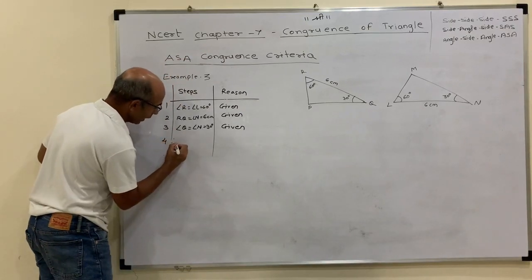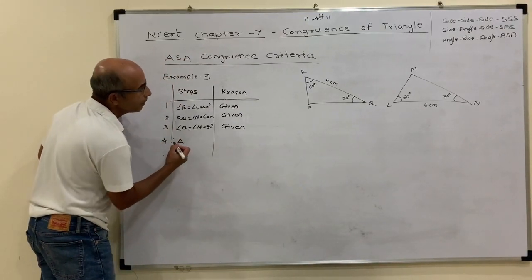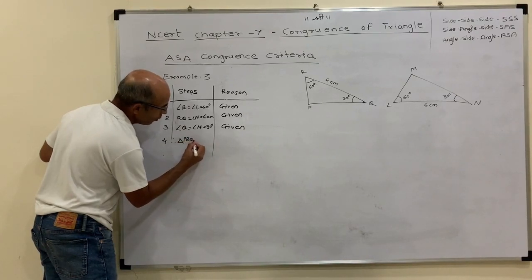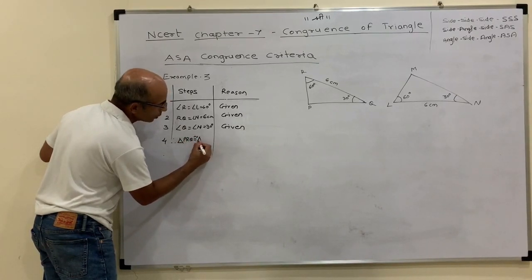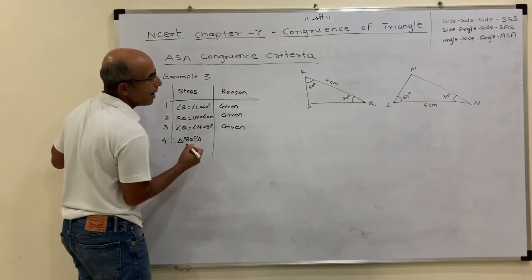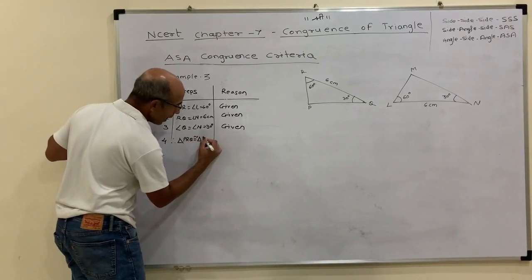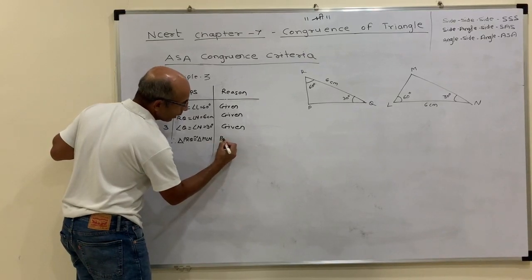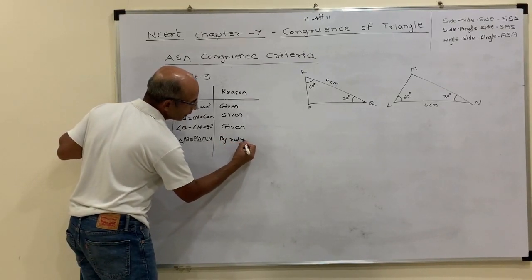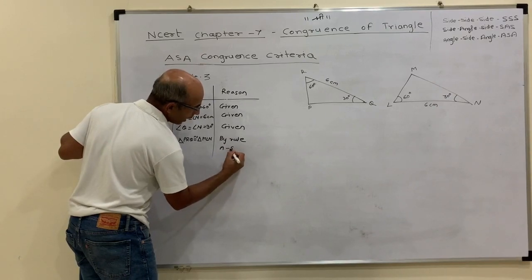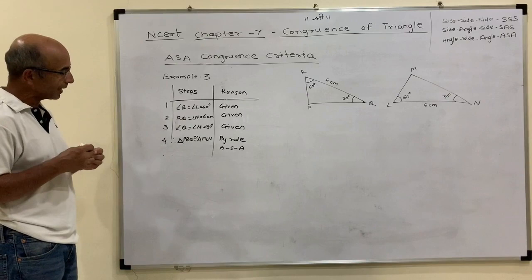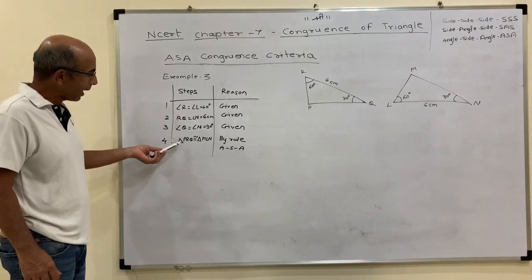So fourth, therefore triangle PRQ is congruent to triangle MLN by rule angle-side-angle.